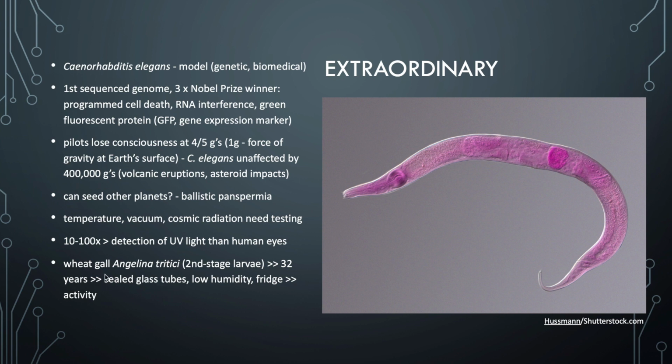Some of them, such as the wheat gall nematode called Anguina tritici, in its second stage larva, has been shown to survive 32 years being sealed in a glass tube at low humidity and at fridge temperatures. When revived, it resumed activity. So that's pretty incredible for a small creature like that.